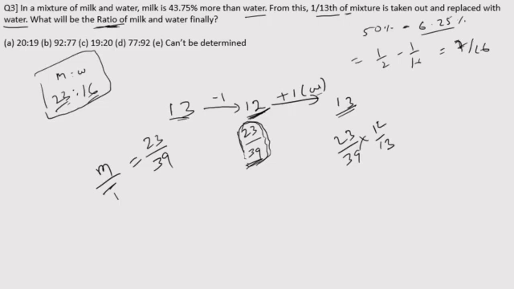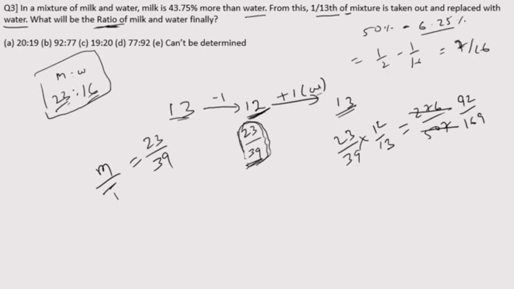If I multiply with 13 by 12, this value 23 by 39 will increase because 13 by 12 is 1 point something. Okay, that's the improper fraction. To reduce the value, you have to multiply with the proper fraction. So this becomes 276 by 507. If I cancel with 3, I am getting 92 by 169.